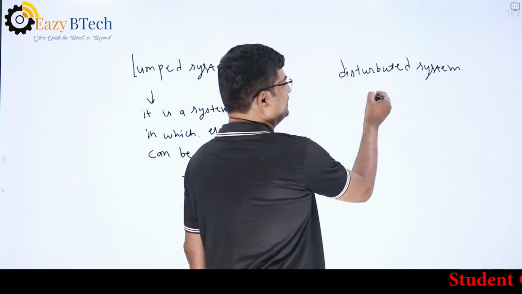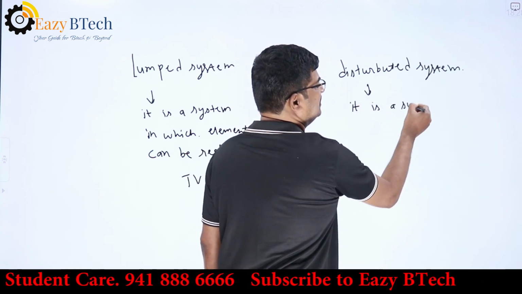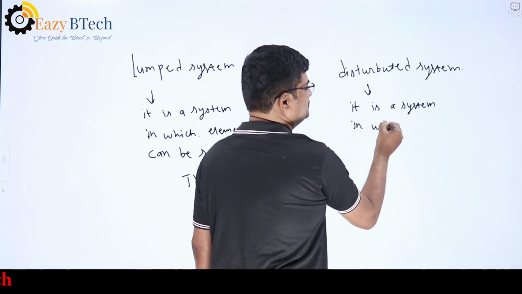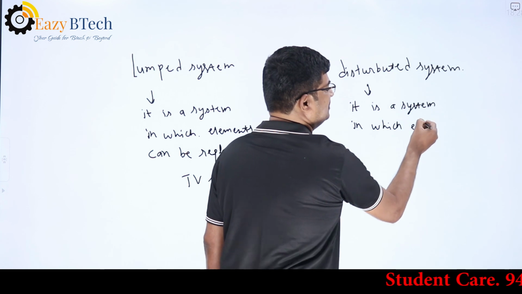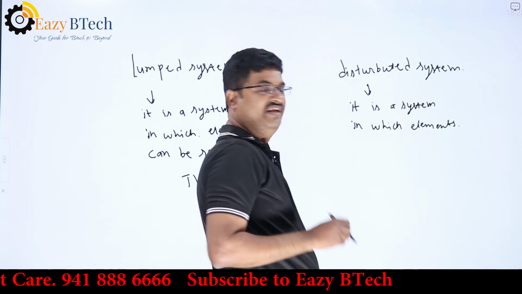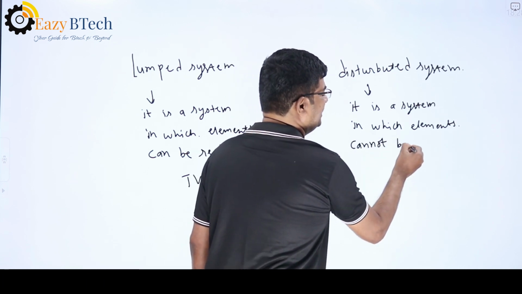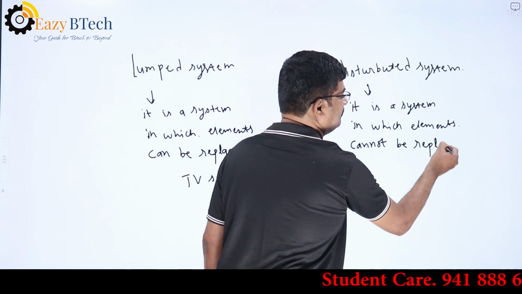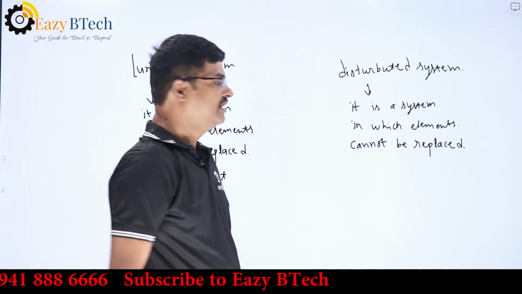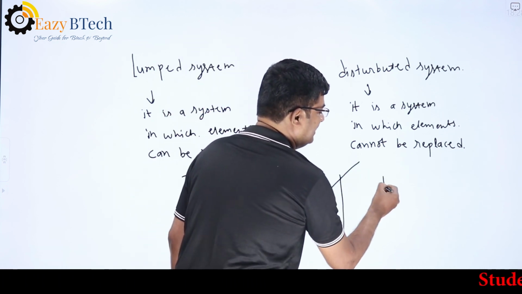A distributed system is a system in which the elements cannot be replaced. The best example for this is a transmission line.